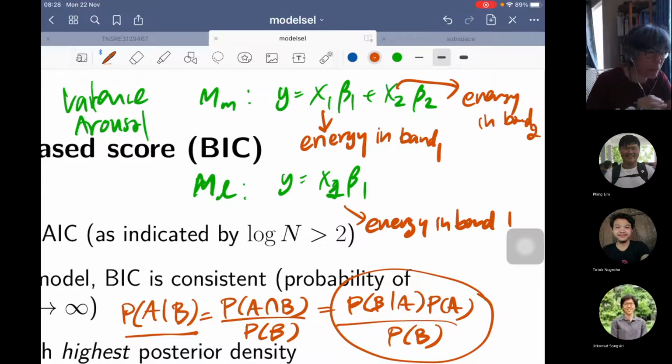Suppose in your application, from your domain knowledge, as the expert in this field, you already know that the emotion aroused by activities in the brain is activated in two frequency bands.